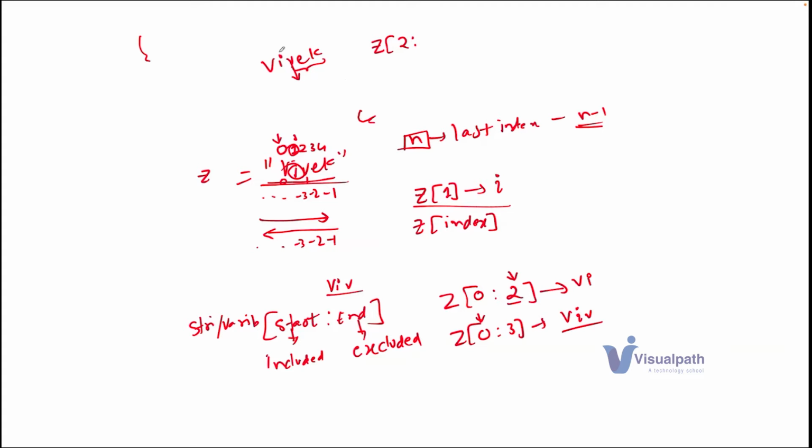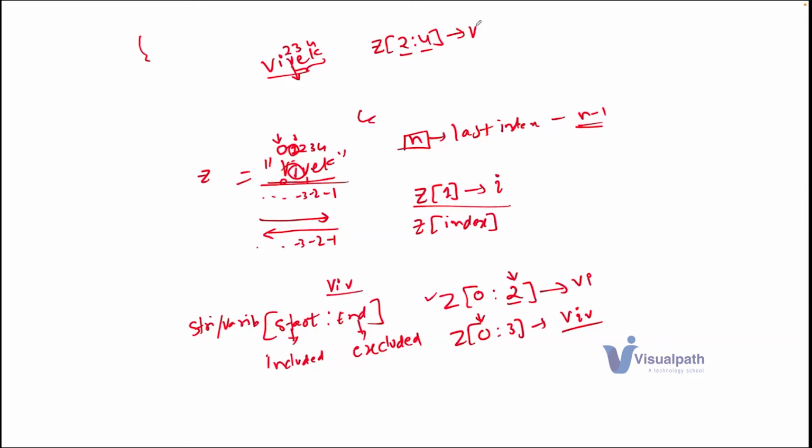Now we know the letters are at index 2, 3, 4. If I do z of 2 colon 4, what would be my output if my string is Vivek? V, because we are starting at index 2, very good.